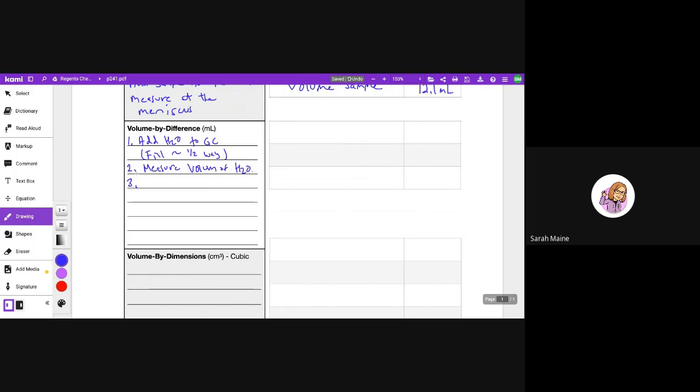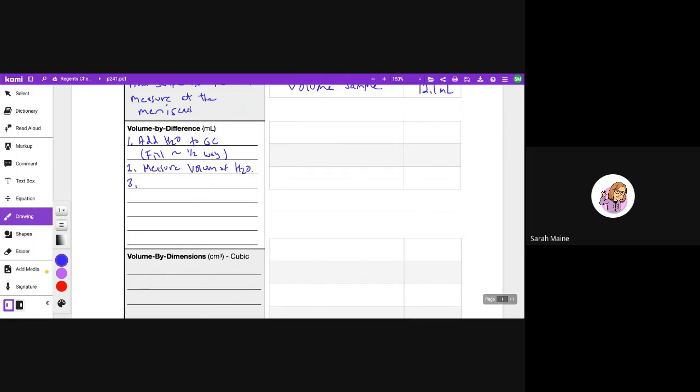Once you've completed that step, step three is that you now need to add your sample to the graduated cylinder that already has the water in it. Technique here is important. You can't just grab your sample and drop it into the graduated cylinder. Two reasons. Number one, you could drop it with enough force that the water that you've measured the volume of comes splashing out, so now you no longer know the true volume of the water.